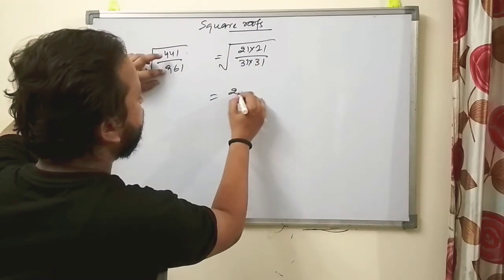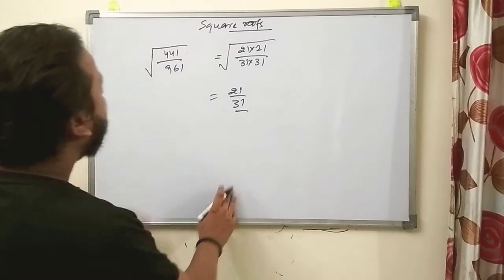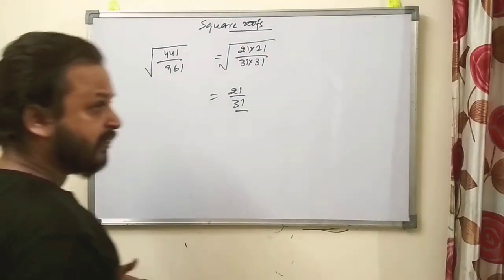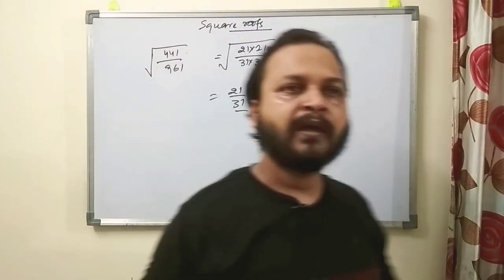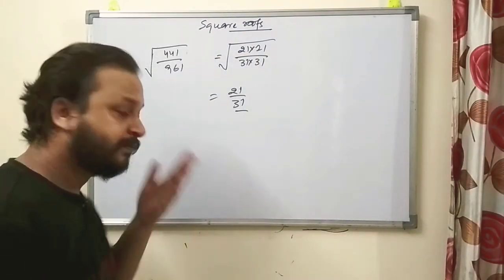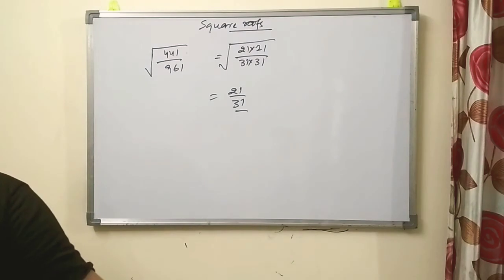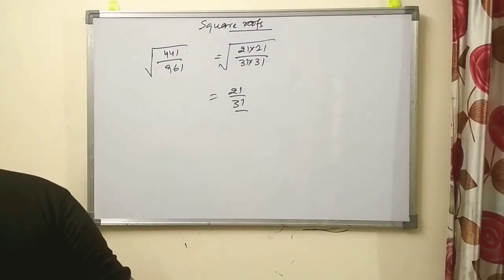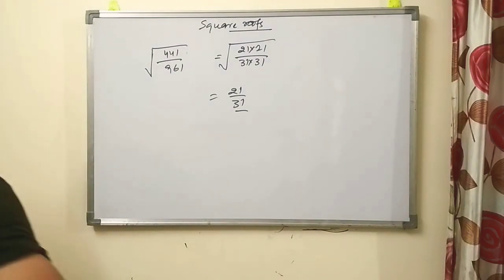Take the square root, it means 21 by 31, right? Either you can go by the long division method, or by the prime factorization method, right? So there are many different types of questions.